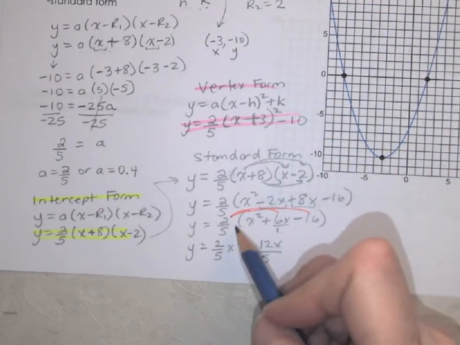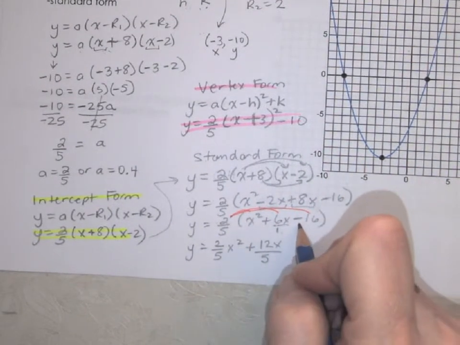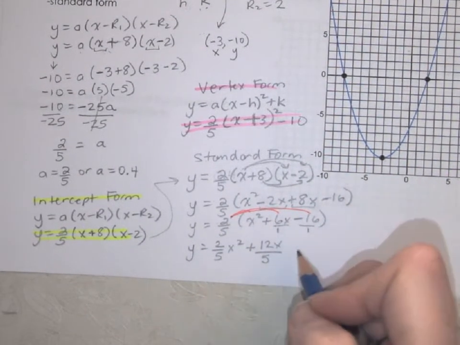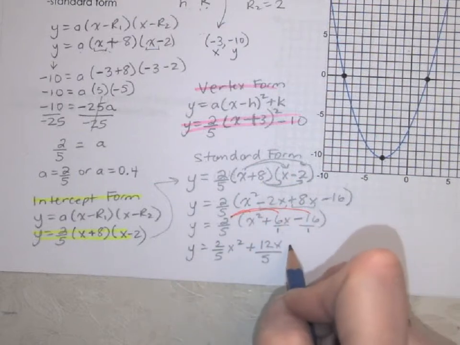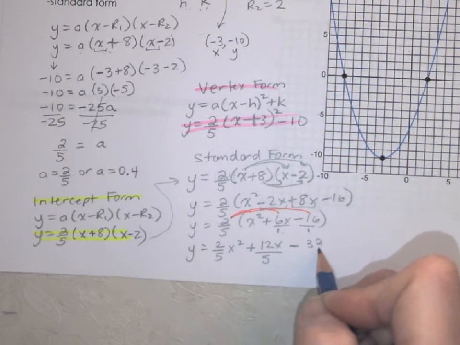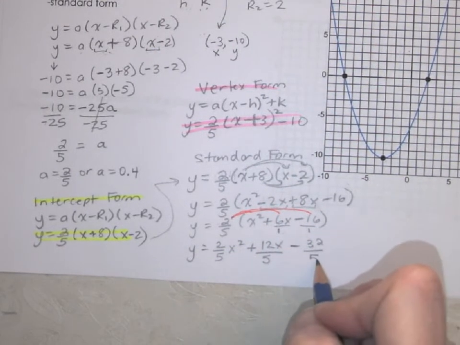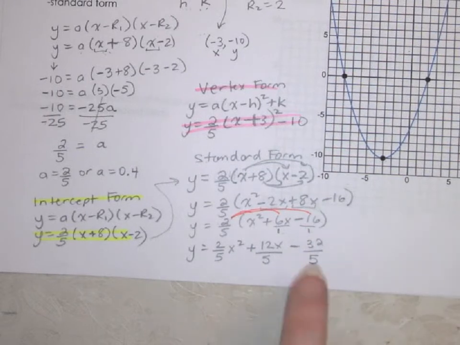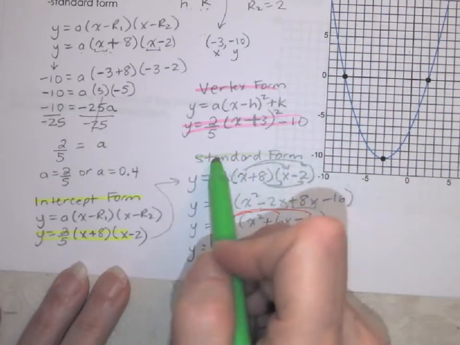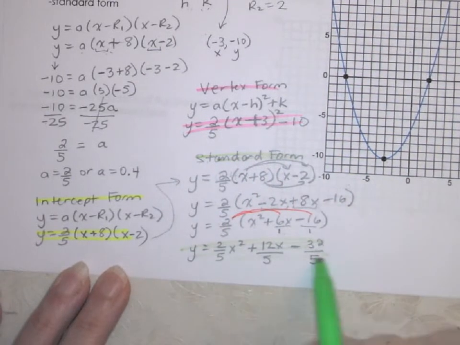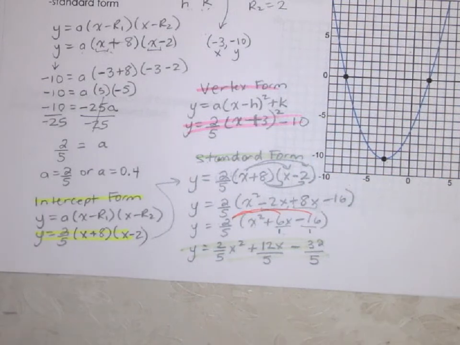And then multiplying 2/5 by -16, you want to treat that as multiplying the tops together. So 2 times -16 is -32, 5 times 1 is 5. And then I would probably check and see if any of those fractions reduced. They don't. So that's my standard form, and I've stated the equation of that parabola in all 3 forms.